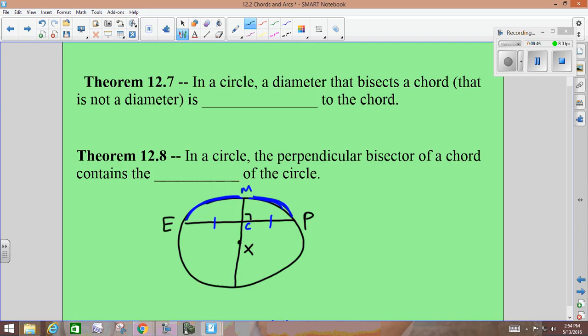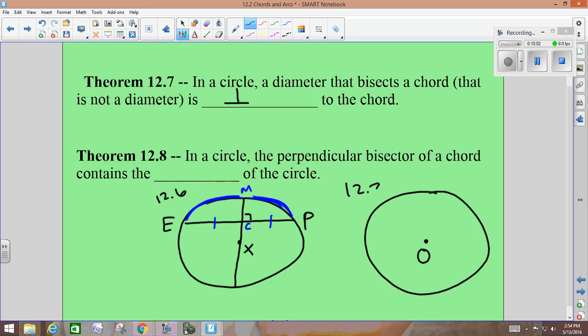Rule 2. In a circle, a diameter that bisects a chord is going to be perpendicular to the chord. So rule number 2, or 12.7, I guess. Circle Q, chord WC.